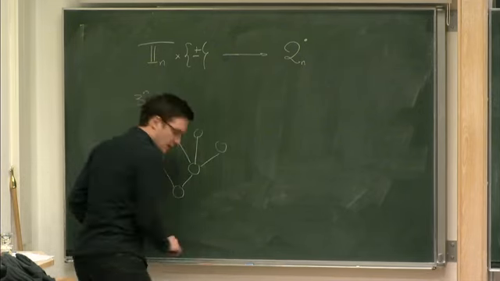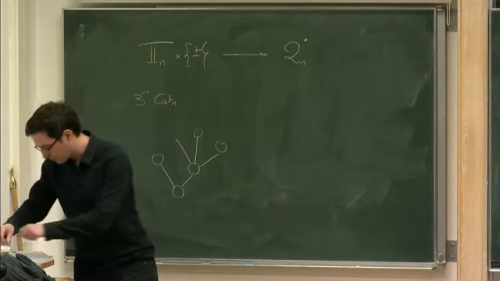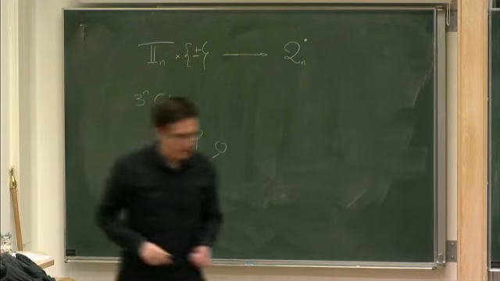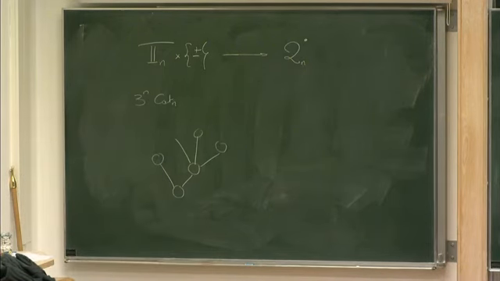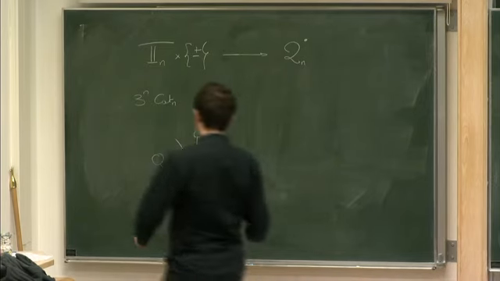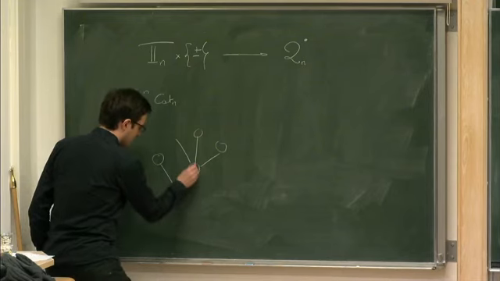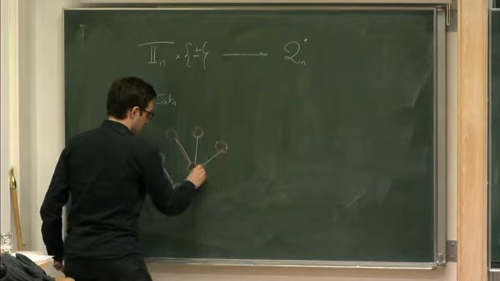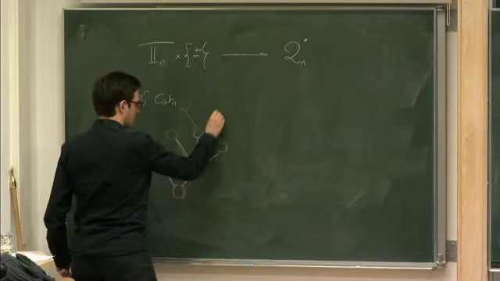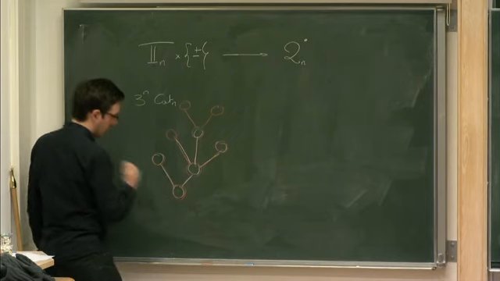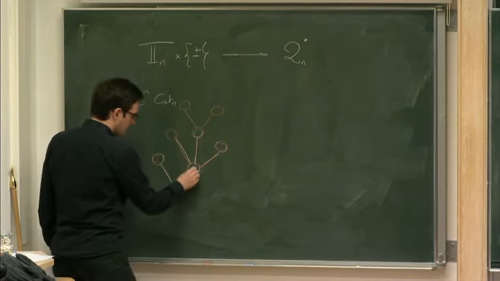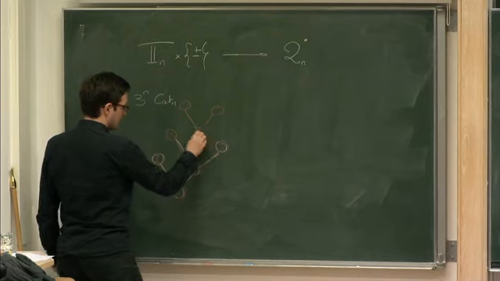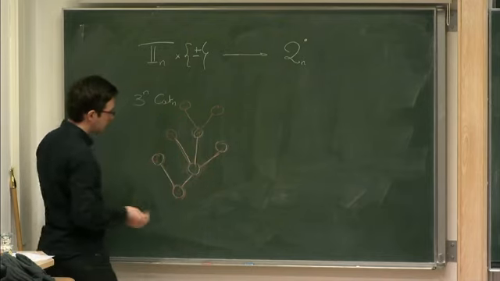So maybe actually let me stick to my color code that I used yesterday. So I think the tree was in red. Let's say the root has label 0, maybe 1, 0, -1, and so on.